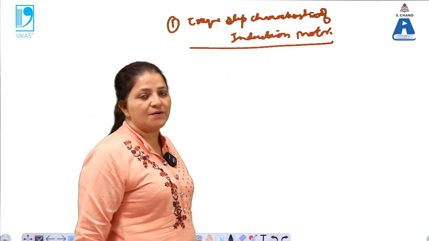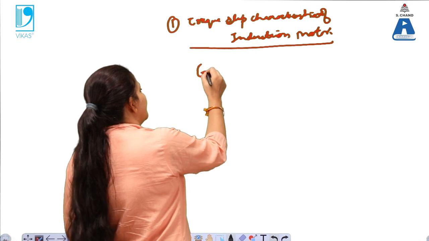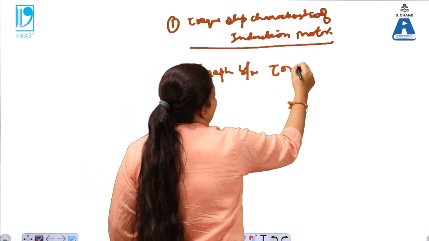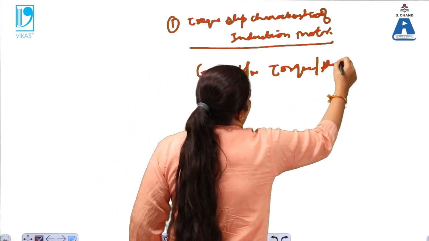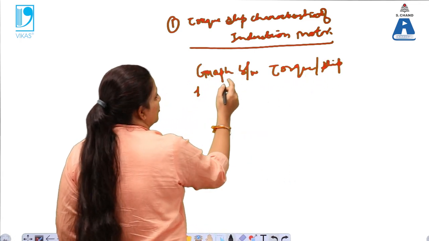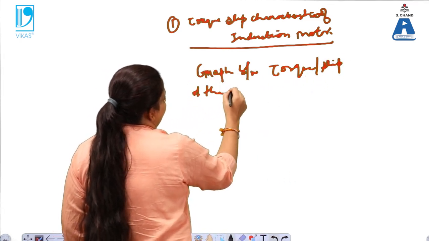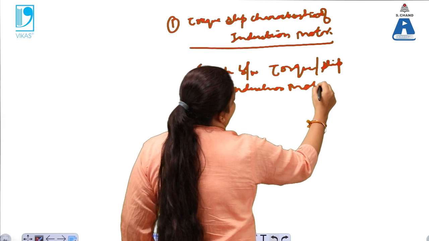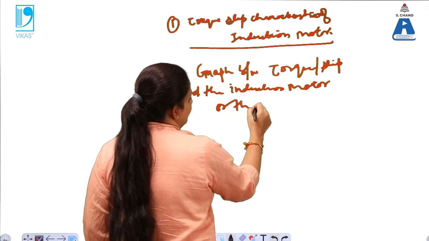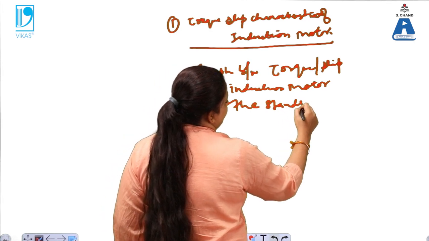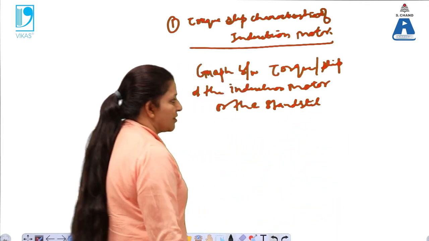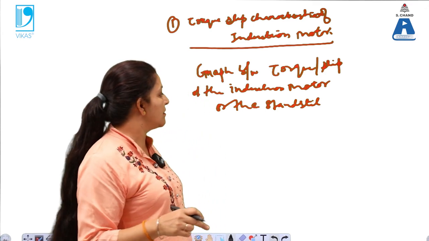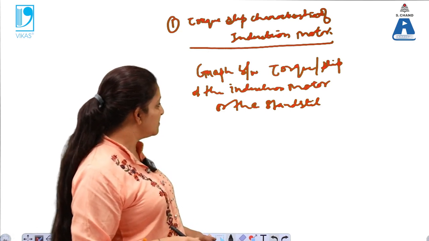This basically includes the graph between torque and slip of the induction motor at standstill. What is standstill over here? Because in case of induction motor, the outer part is static. So that's why we use the word standstill.